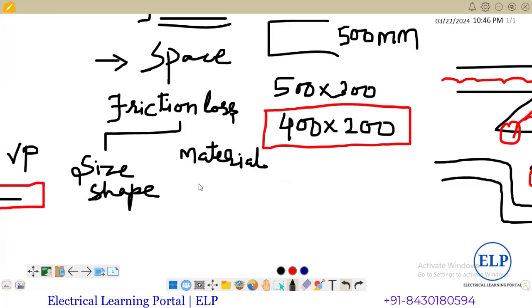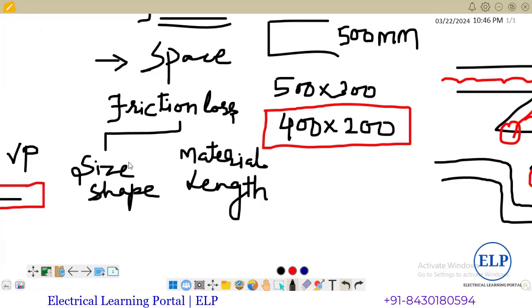And also the length of the duct. If you have a very lengthy duct, there may be chances of friction losses. So this is the reason why you have to follow all these 4 points. This is a very important point, so friction losses can be reduced.